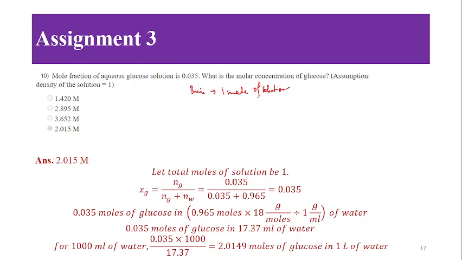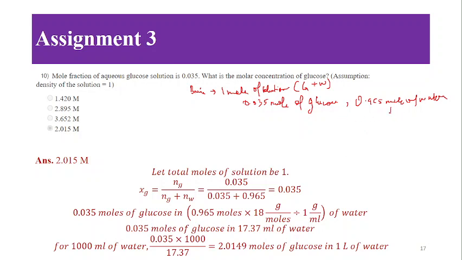We see that for 1 mole of solution, if we have 0.035 moles of glucose, I write it as glucose, and then how many moles of water will be there? 0.965, just simple subtraction. And we convert these moles of water into the volume of water.